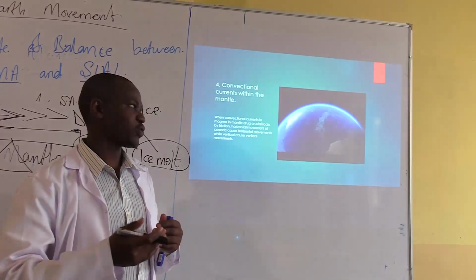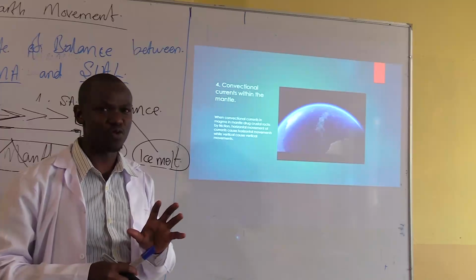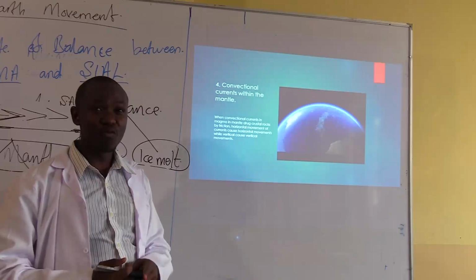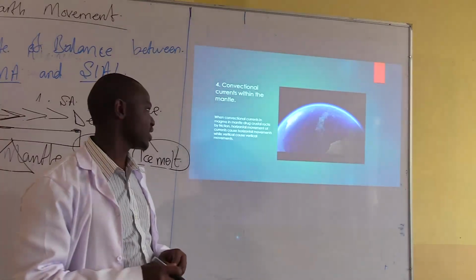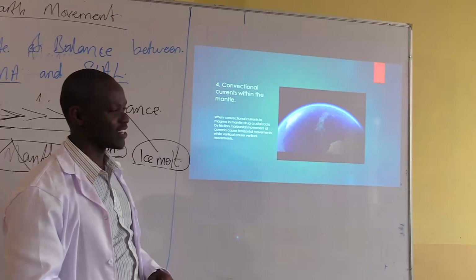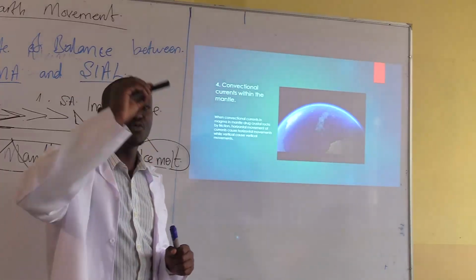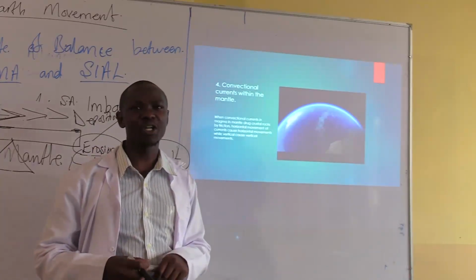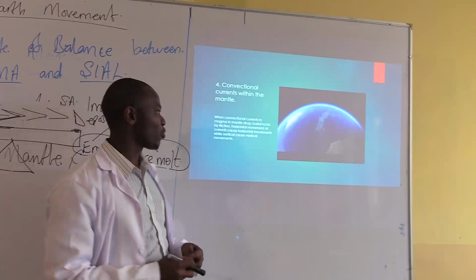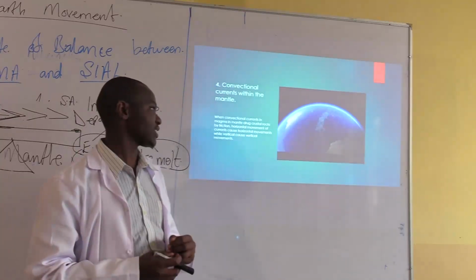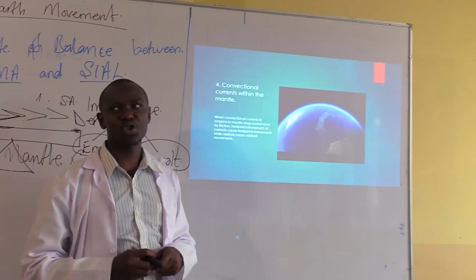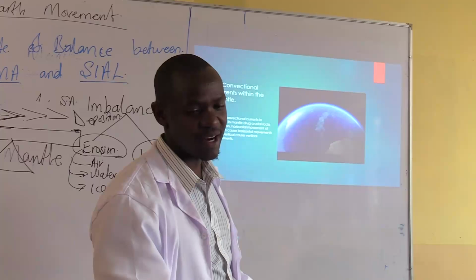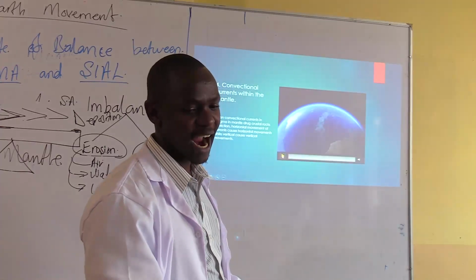As the magma moves, it causes the crustal rocks to move in the direction of the movement of the magma. The magma, which moves in a circular way beneath the Earth's crust, causes what is called a frictional drag on the surface of the crustal rocks, causing them to move from one side to another depending on the direction of the convectional currents.